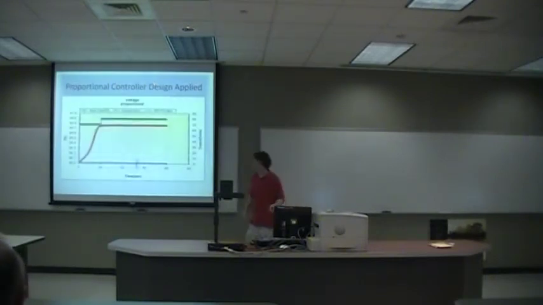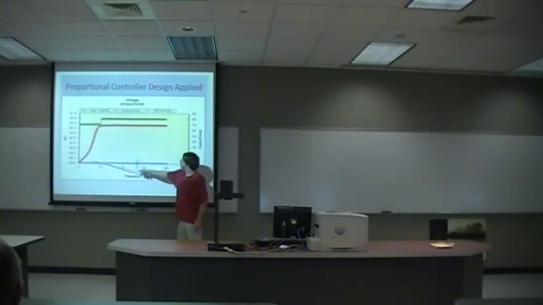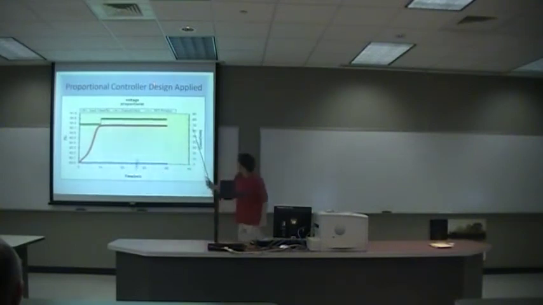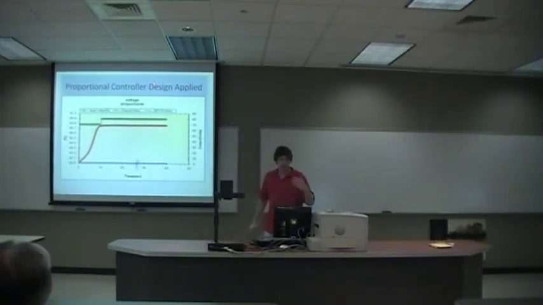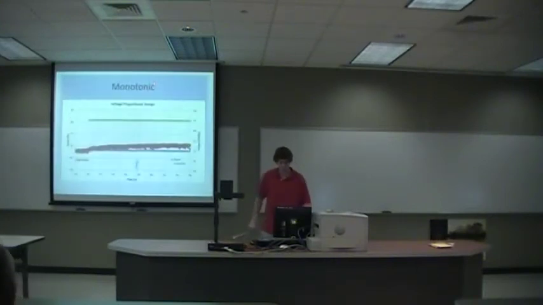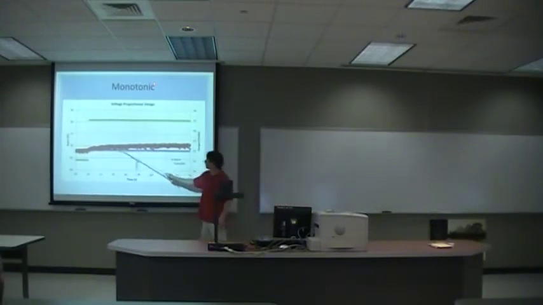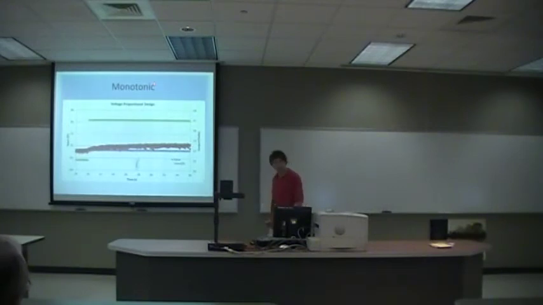So we started out by not specifying controller gain. It went up to about 68 volts. It just kind of jumped up there. I never really had that step. And you can have a monotonic response where it just jumps up like that. That's with the lower values right there.